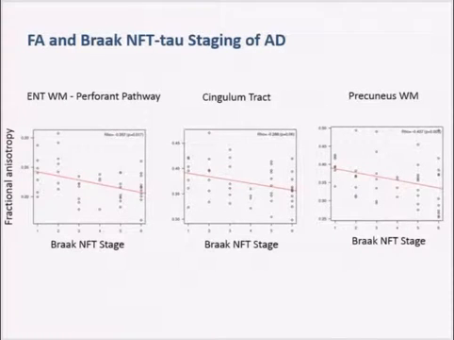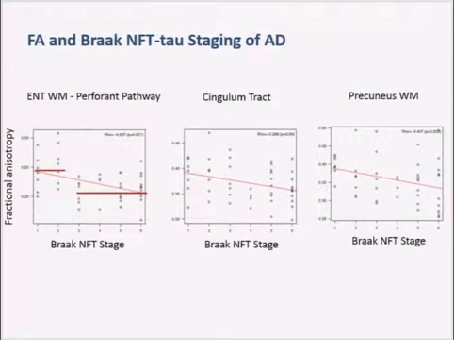You can see that there is Braak stage 1 to 2 here and 3 to 4 in the entorhinal cortex fractional anisotropy. We don't really see much difference in Braak stage 1 to 3, whereas when we get to Braak stage 3 to 6, we start to see decreases, and these stages don't seem to be too different from each other with low FA values.